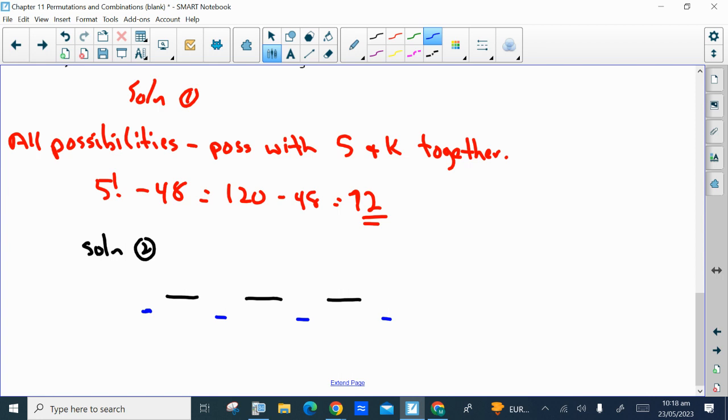So to get our answer, here's what we do. We take the 3 factorial, which will represent the ways those 3 remaining people could be arranged.